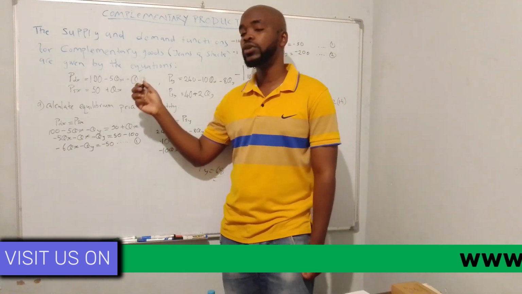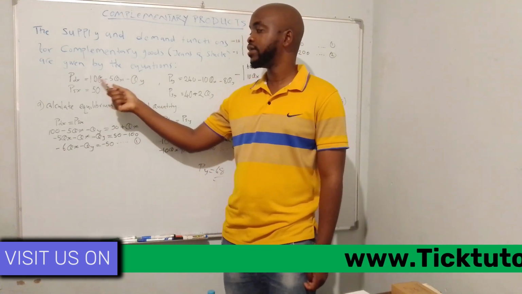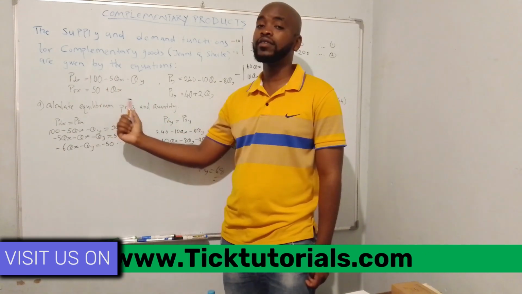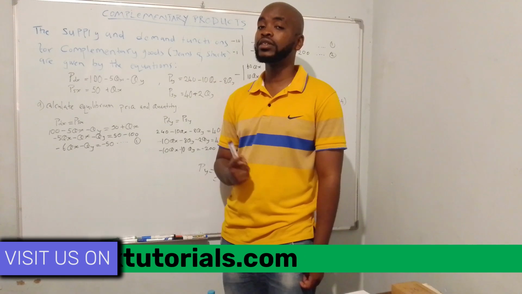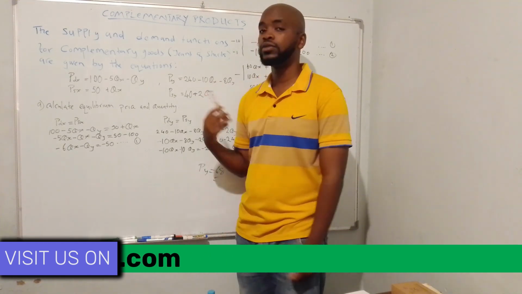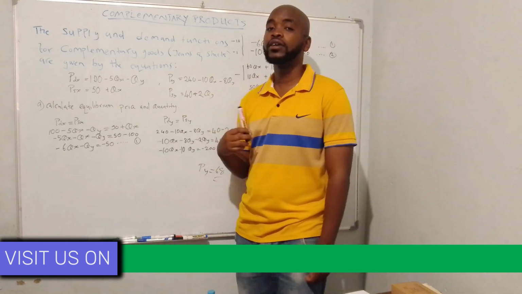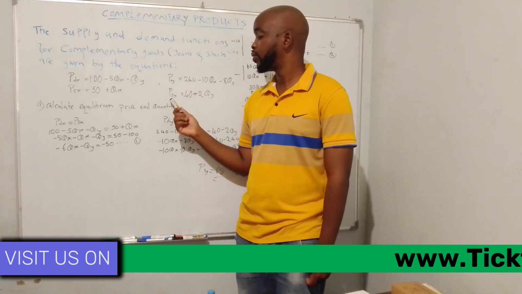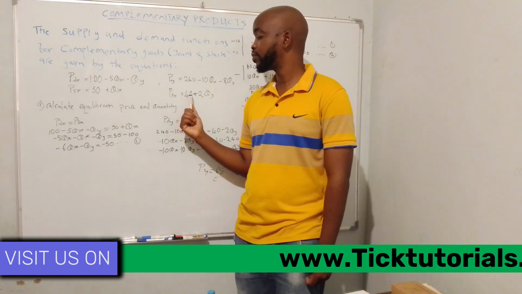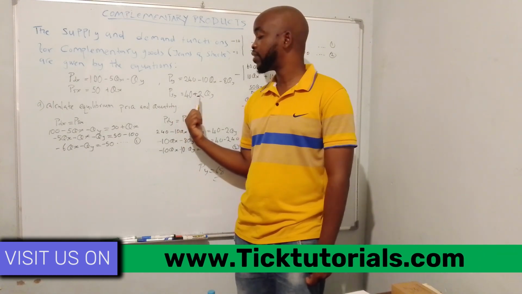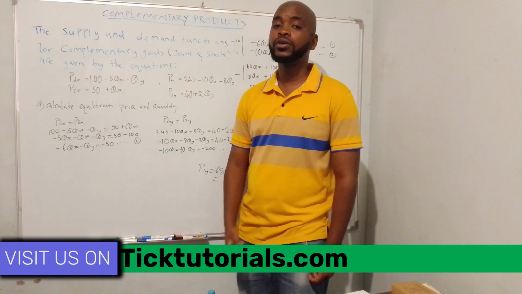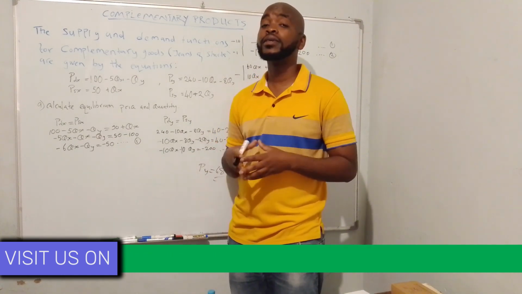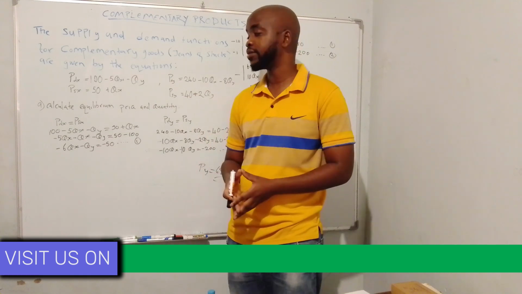So I'm going to equate the demand function and the supply function together to come up with equation 1. Then I'm also going to do the same thing with product y. We're going to equate the demand function for product y to the supply function for product y, because as you can remember, at equilibrium, price demanded will always be equal to the price supplied.